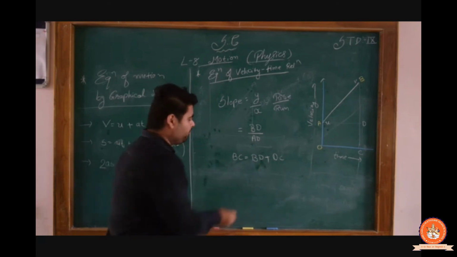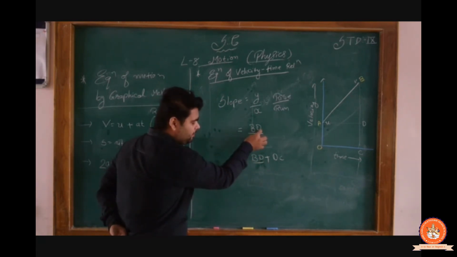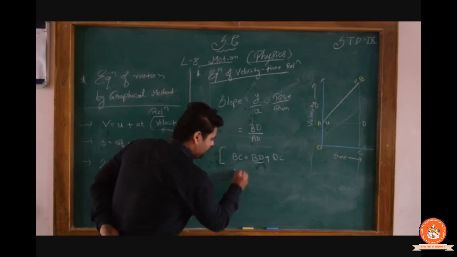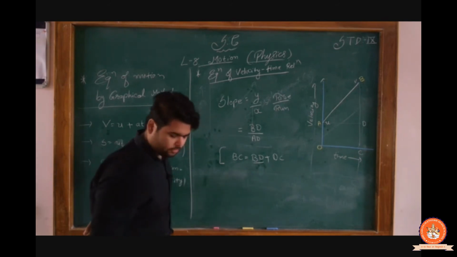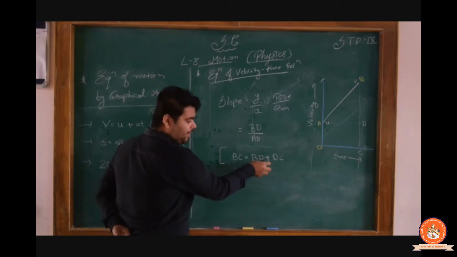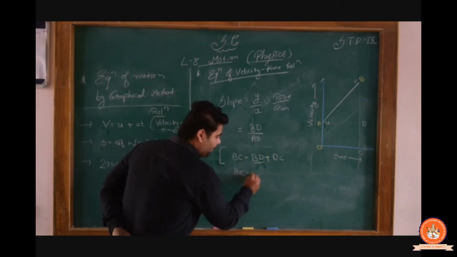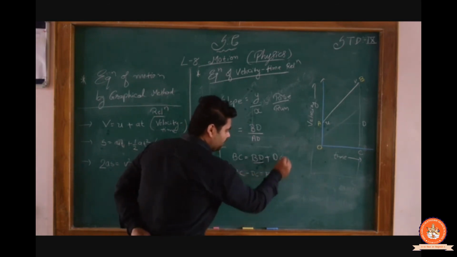But what we want is just BD, because here is BD. So BD equals BC minus DC. The plus sign moves here and becomes minus. BC minus DC equals BD. Clear?